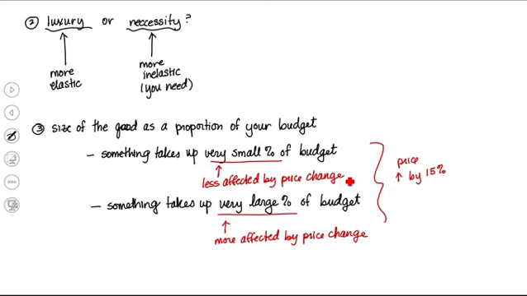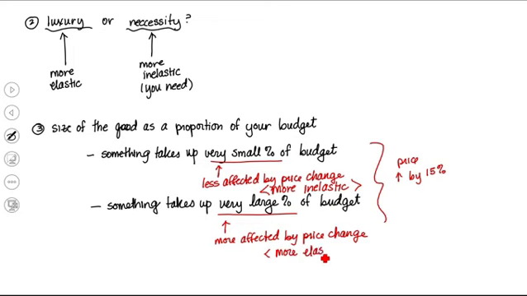So guys, where am I going to be more inelastic, less responsive? When it takes up what? A smaller or larger? Smaller, good. So I'm going to be more inelastic here because it takes up a very small percent of my budget. But if something takes up a large portion of my budget, I'm going to be more what?